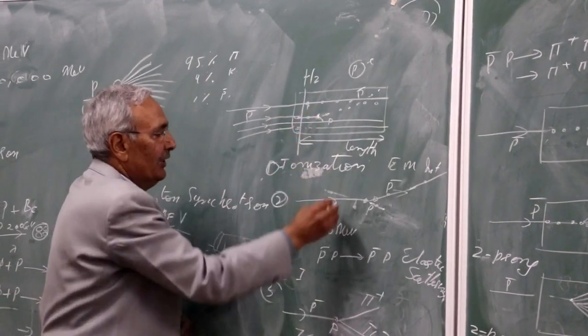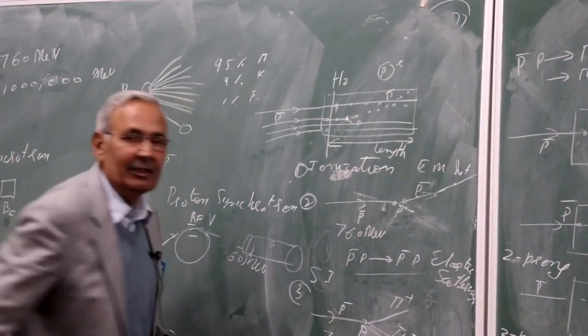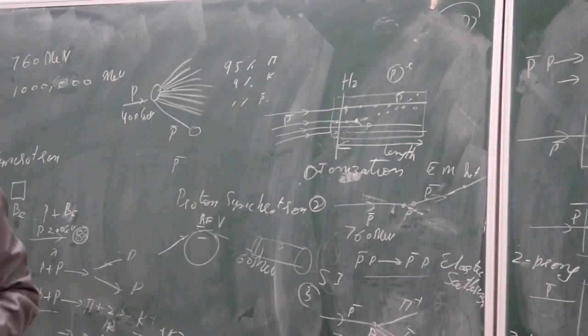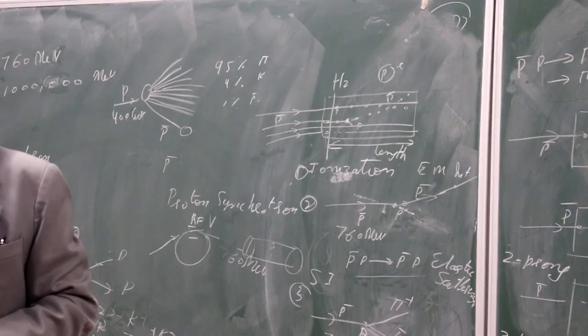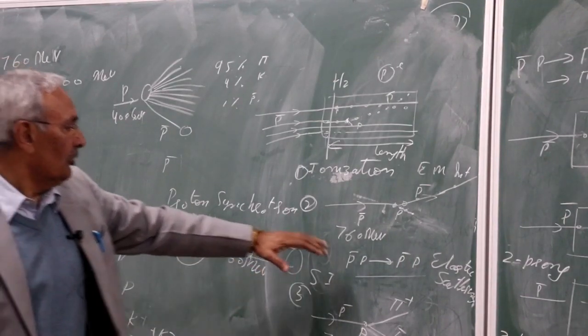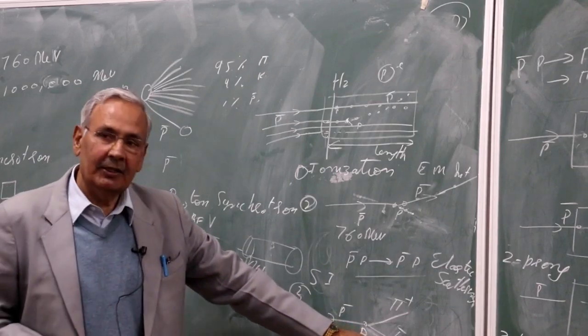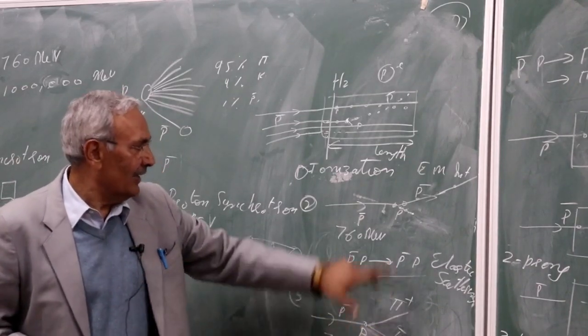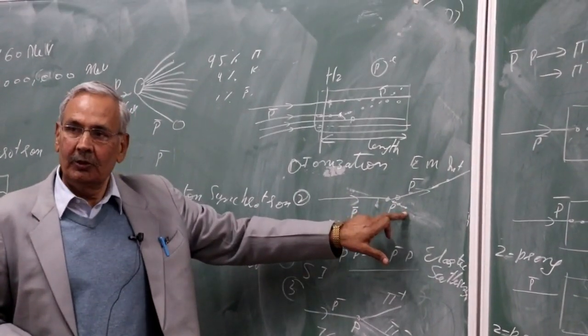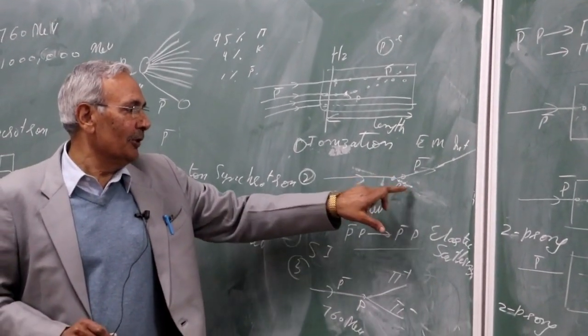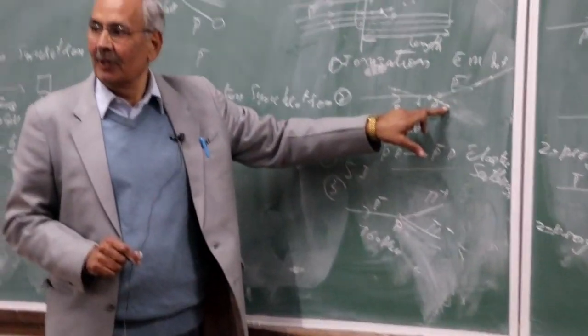Okay? If it is elastic scattering like this one, you note it down as a scattered one. This is not a 2 prong, it's elastic scattering because this is not a strong interaction. Okay? Then you count pion-like tracks. The difference between this and this one is that here it would be just a scattered proton which has come from the nucleus and the length is very, very small.